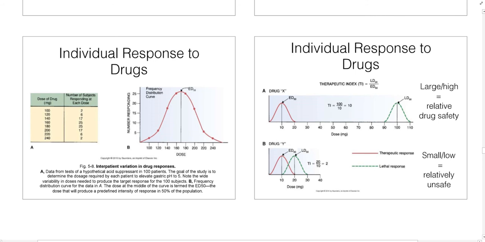For example, drug X has a lethal dose of 100 and an effective dose of 10 in 50% of the population. So we've got a massive range between the lethal dose and the effective dose.